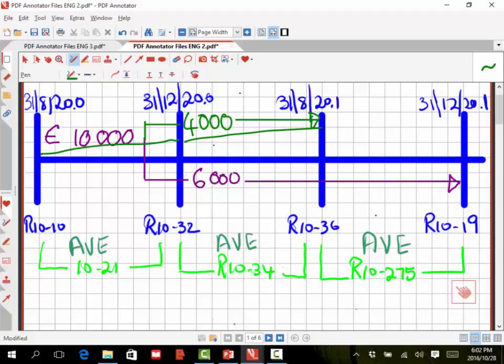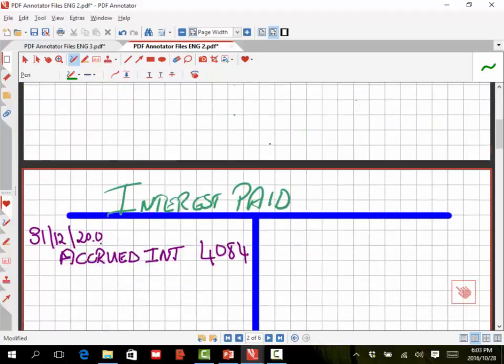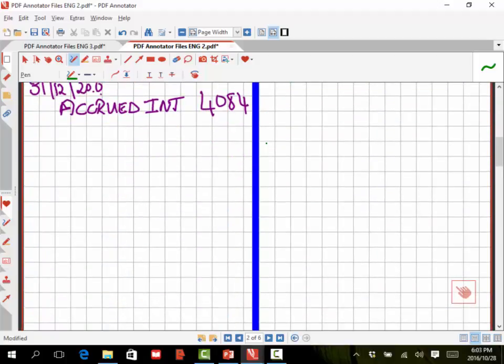So first we have to calculate the interest for this period, and as we did previously, let us look at the calculation itself. It is still 10,000 euros outstanding for that period, times 12%, and that will give us 1,200 euros.